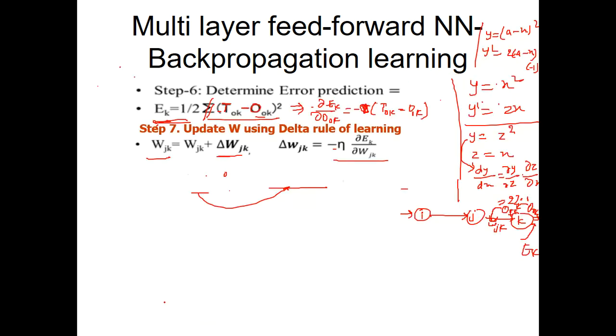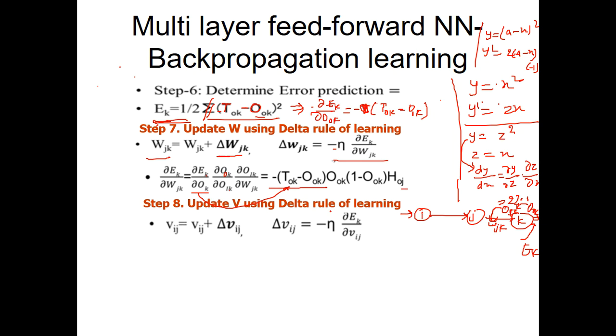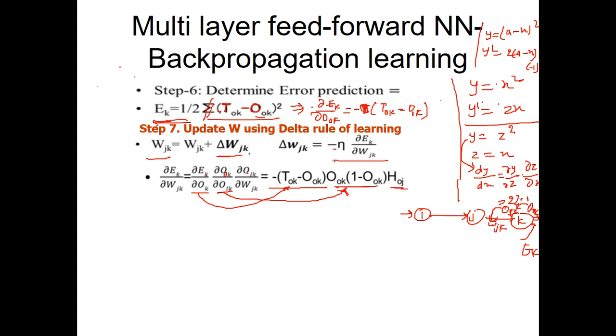Now you come here. This term OOK into 1 minus OOK came from here. And OIK, if you differentiate with respect to WJK, you will get HOJ only. How? Go back to this equation.